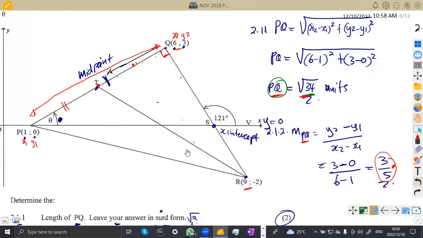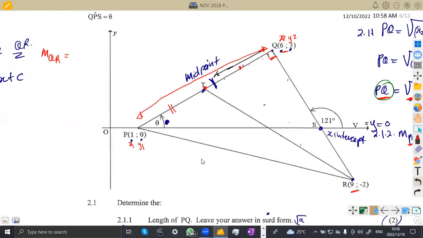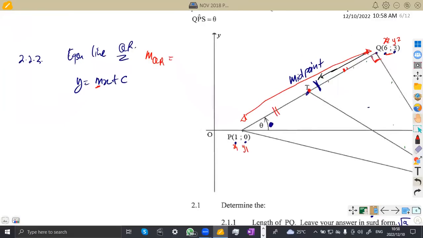So using this concept of perpendicular lines, the gradient of line QR multiplied by the gradient of line PQ, which it is perpendicular to, must give us -1. That's what we have when two lines are perpendicular. So QR is the one that we need.